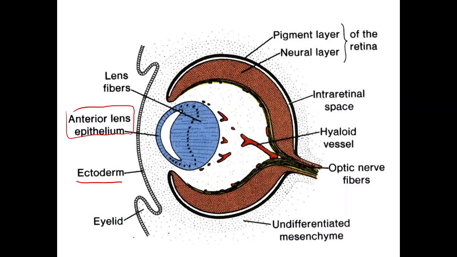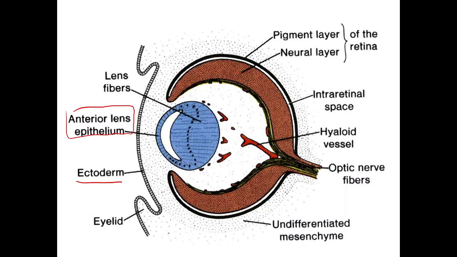So we have three structures developed from the ectoderm of the eye. We have the lens, which we talked about right now. We have the surface ectoderm, the anterior epithelium of the cornea, and also the conjunctiva. The conjunctiva is also developed from the ectoderm, covering the sclera.